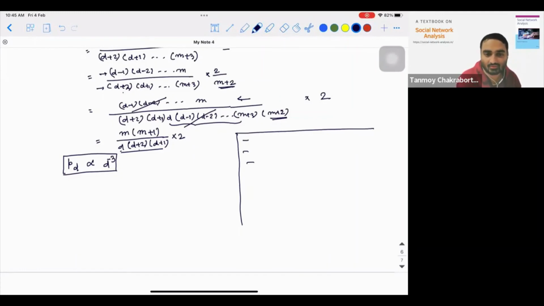So in a film network, actor network, movie network, where one actor or one actress, right? They work together in a particular film, a particular movie, you can create an edge, right? So the degree of a node in that actor network indicates how many movies this particular actor has acted in, right? So we all know that as the time goes, right?